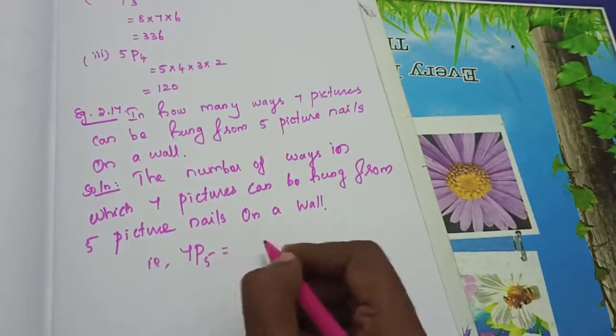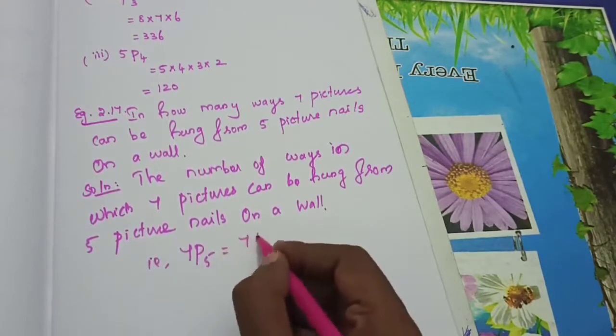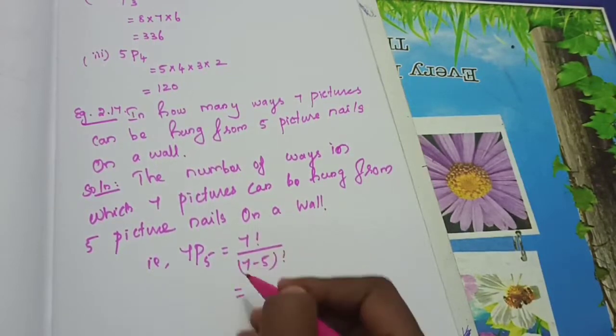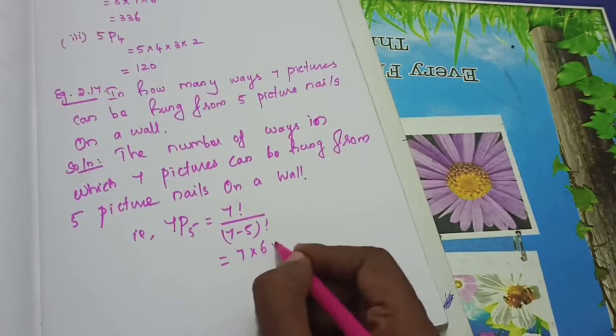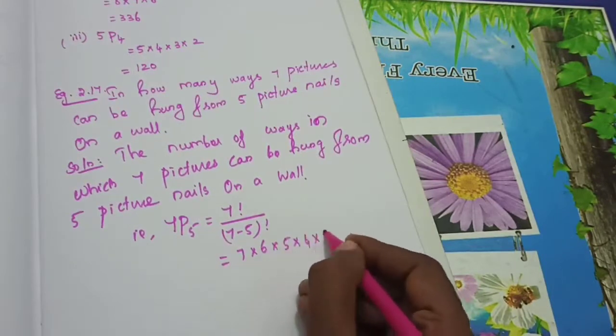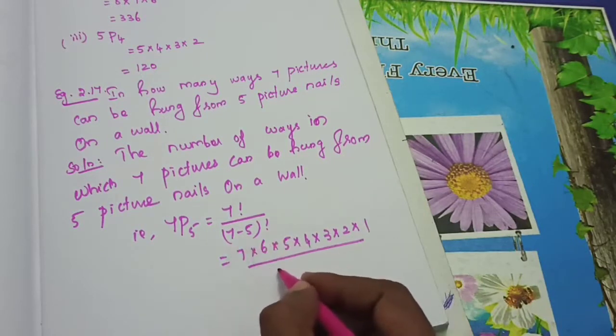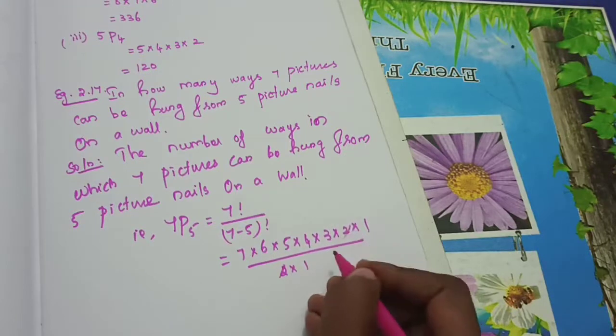7P5 means how will you write? Using the formula you can find, that is 7 factorial divided by 7 minus 5 factorial. So how much will you get? 7 into 6 into 5 into 4 into 3 into 2 into 1 divided by 7 minus 5, which means 2, is it right? So 2 into 1. So this and this term will get cancelled.